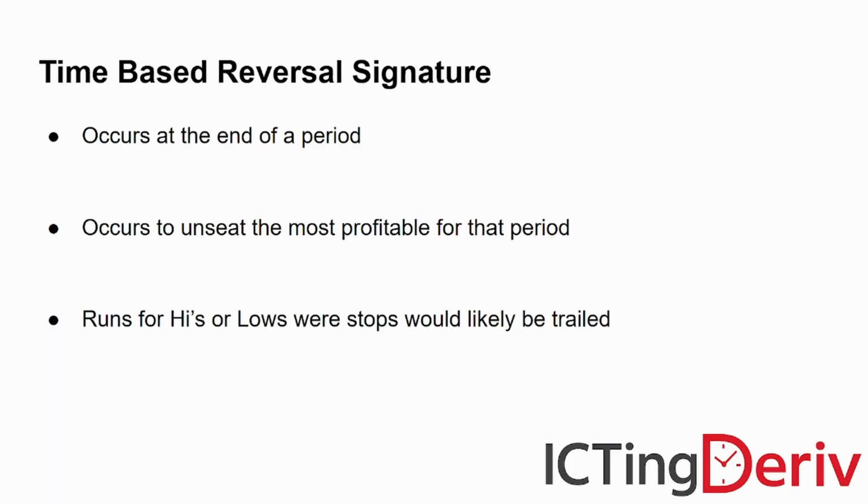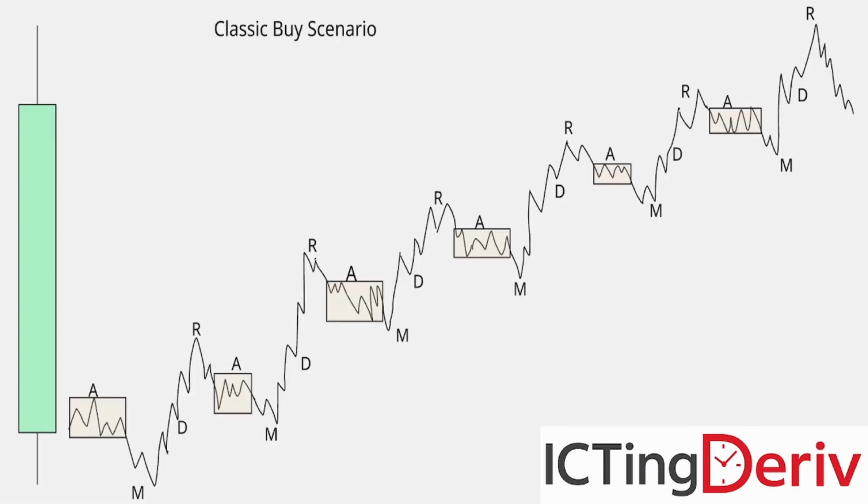So now, when we are looking at the time-based reversal signature, this is at least something that you can go out there and begin studying with regards to time. This occurs at the end of a period. If I just go one slide, you can see that the retracements are at the end of the period, right?